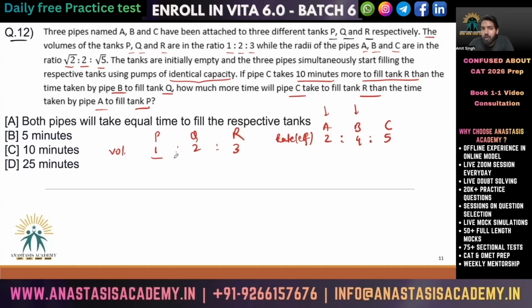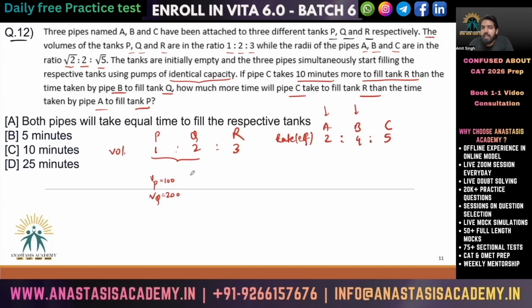But the volume of the tanks P and Q are in the ratio 1:2, which means if I assume the volume of P to be 100 liters and volume of Q to be 200 liters, right?